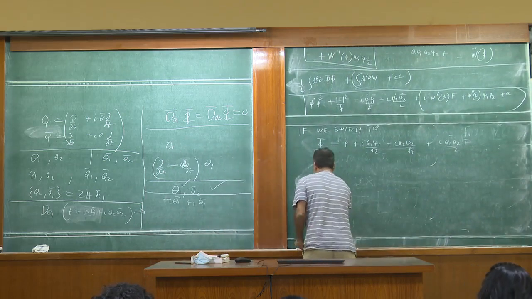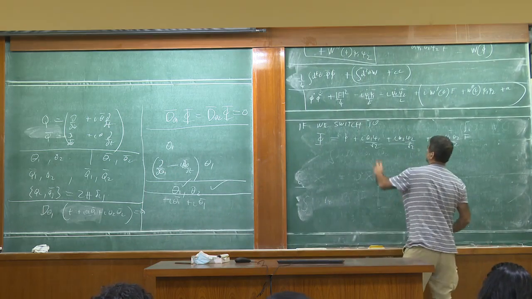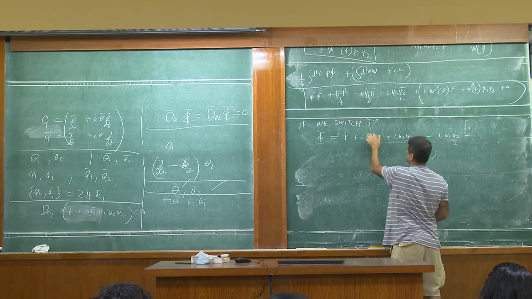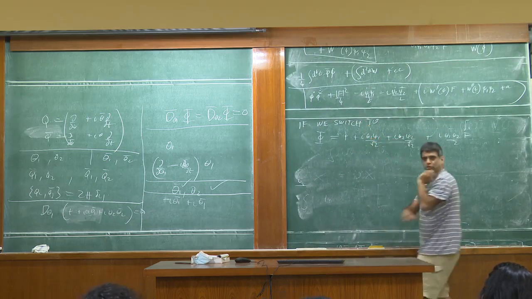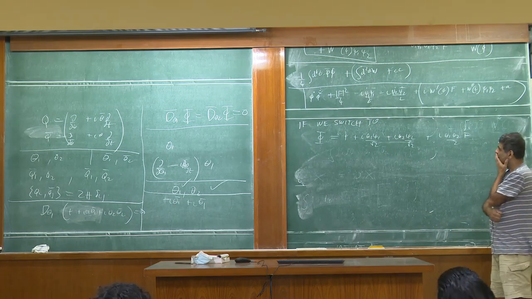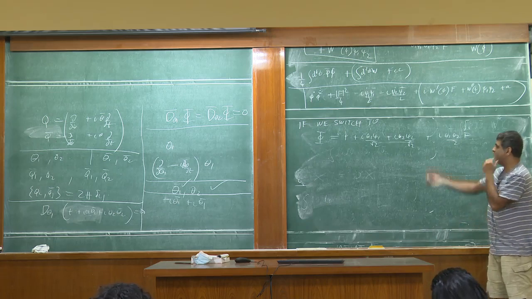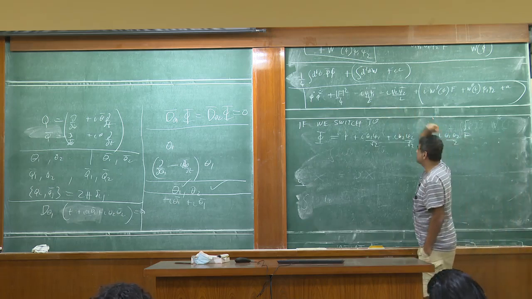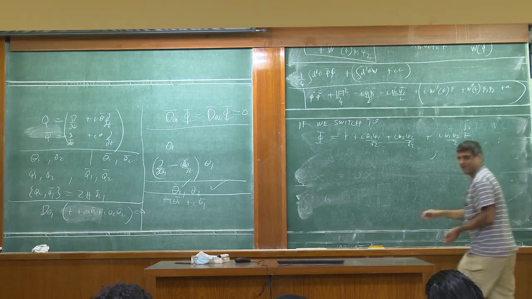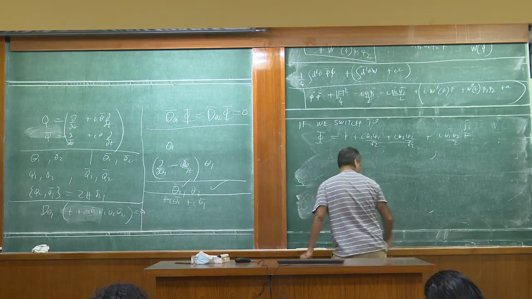Then all we have to do is, wherever we had our old psi, we should be putting the new psi by square root 2. Do we want to put the square root 2 upstairs? Let me try with it upstairs. Yeah, upstairs.